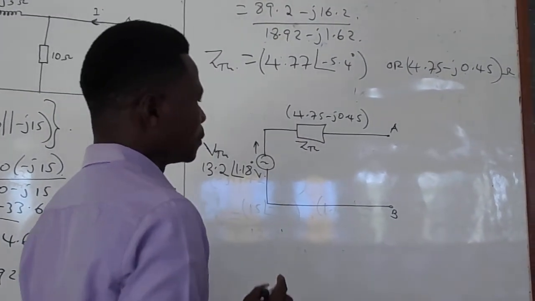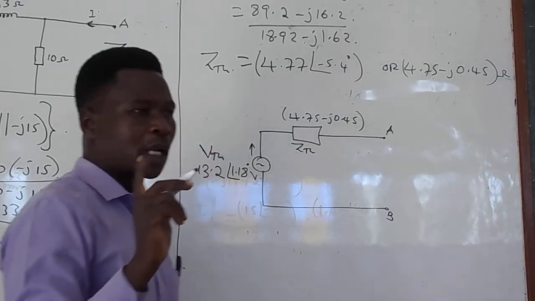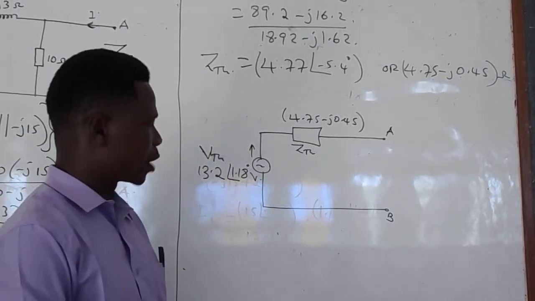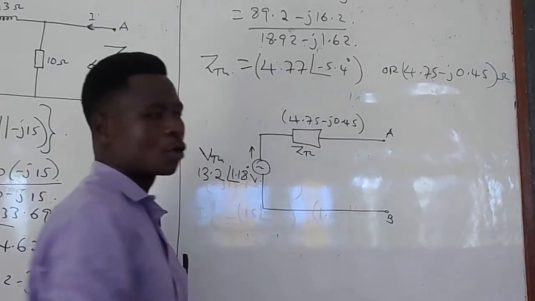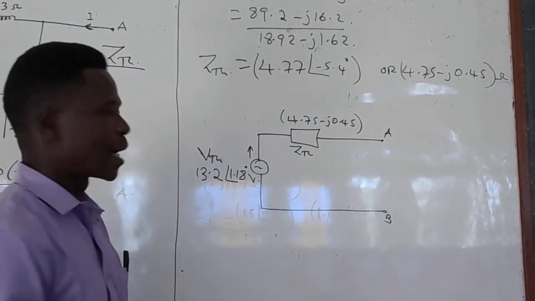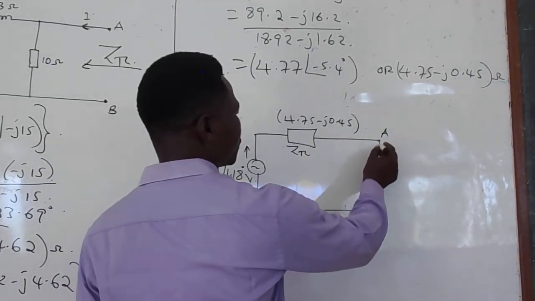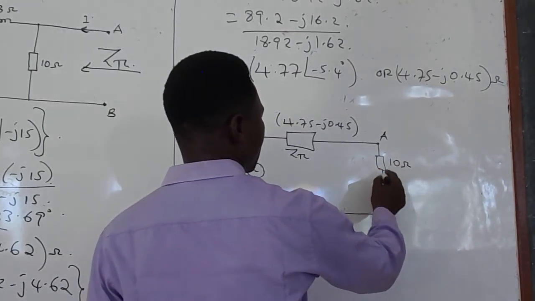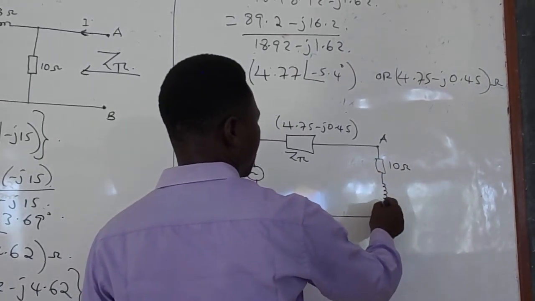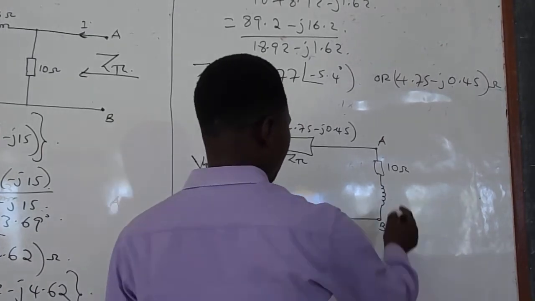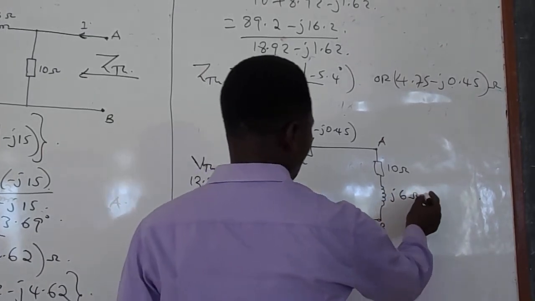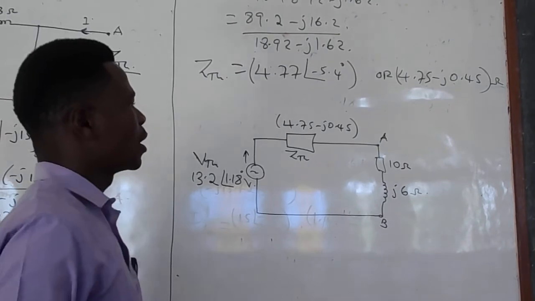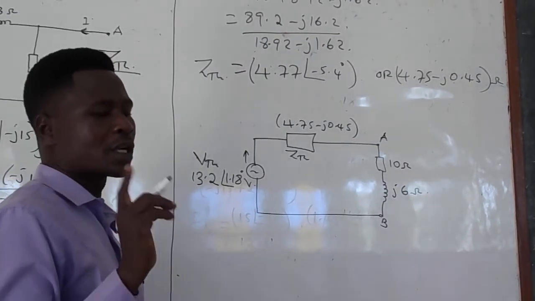And remember, there was a load connected across terminal AB. And that load was the 10 ohms in series with J6 ohms. So we need to bring back the load, and then we get the current across terminal AB.